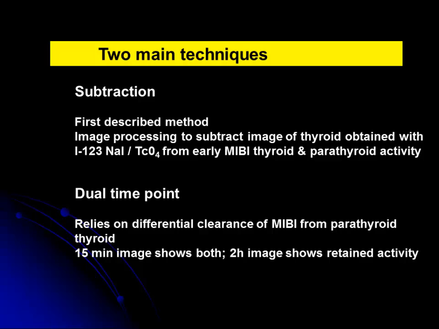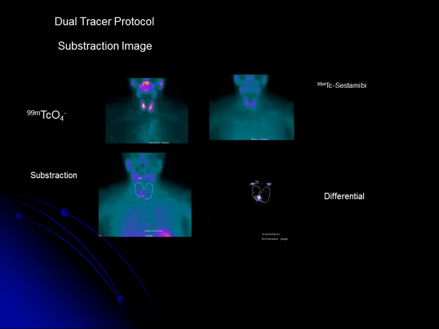For subtraction, the tracers can be iodine or technetium, and you subtract at different intervals, and whatever is left behind suggests an adenoma. Dual time point relies on differential clearance of MIBI from parathyroid and thyroid, and we use 15-minute images and 2-hour delayed images with SPECT CT.